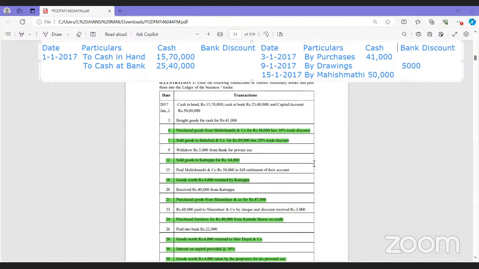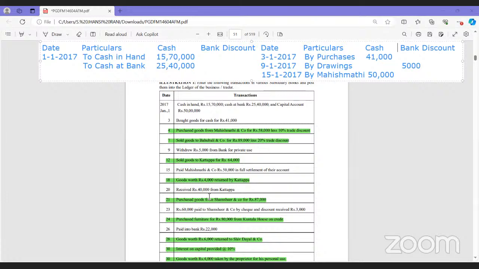Now next one. Received. Ma'am, one minute. Ma'am, on the left side it is there, cash at bank 25 lakhs 40,000. Does that have to be in the bank column or cash column? Capital. Okay, bringing capital into the business. It was mentioned cash at the bank, so I did not understand. On the first date of 2017, there was cash in hand and another one, cash at bank.